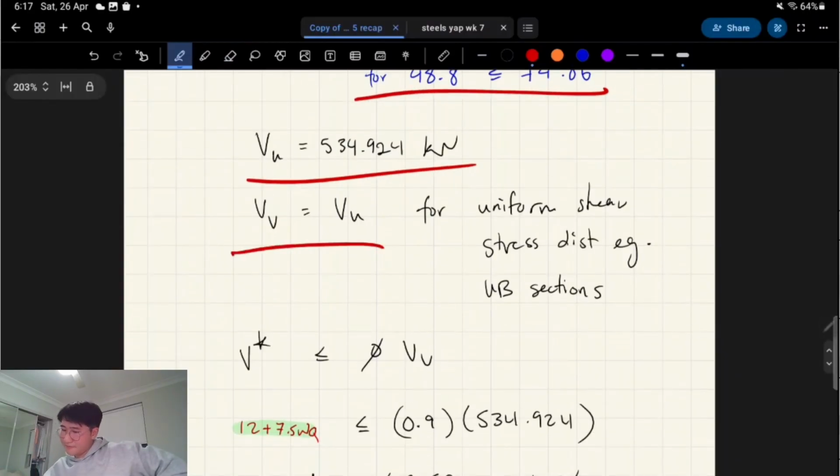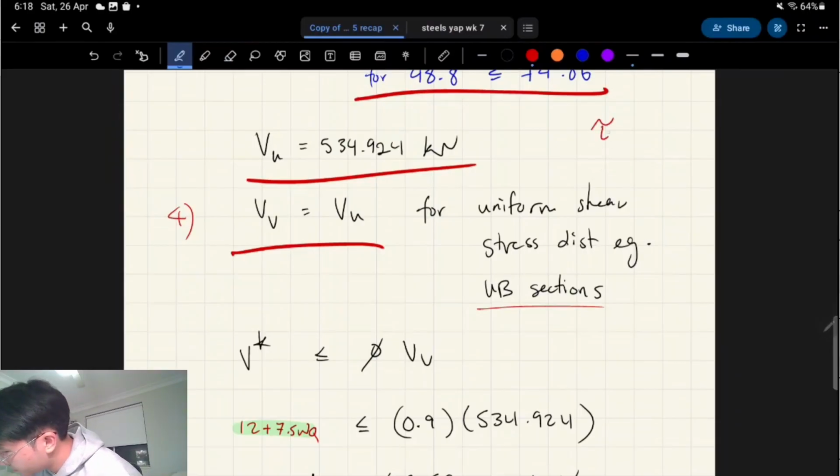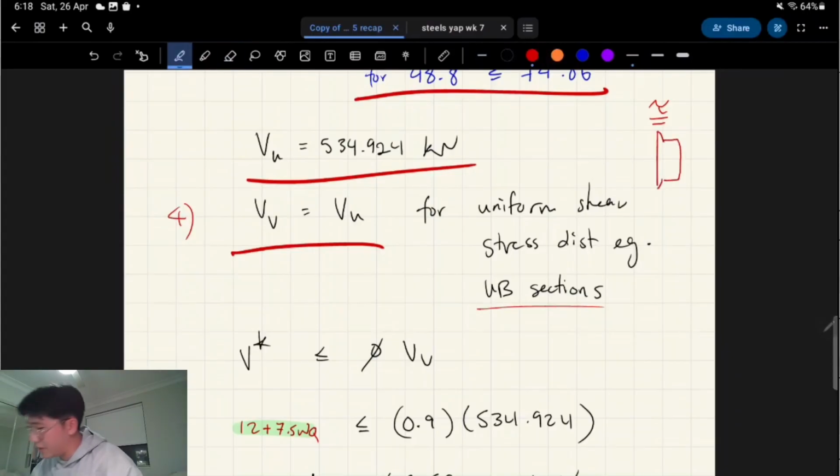The last step, VV is equal to VU, right? Basically, we say for our UB sections that it has a uniform shear stress distribution. So what do I mean by that? It means that tau is going to look something like this for a UB. Basically, the web takes on the majority of the shear, that chunk there.